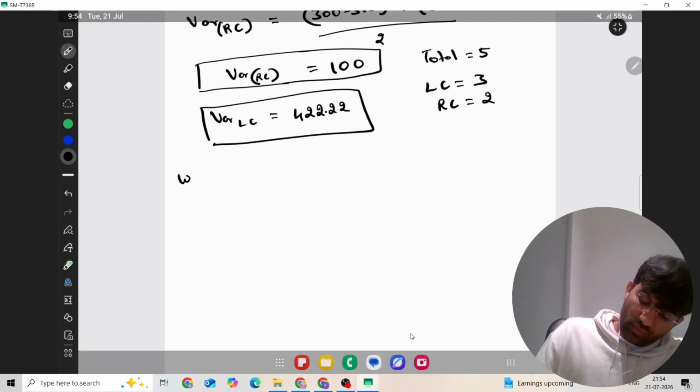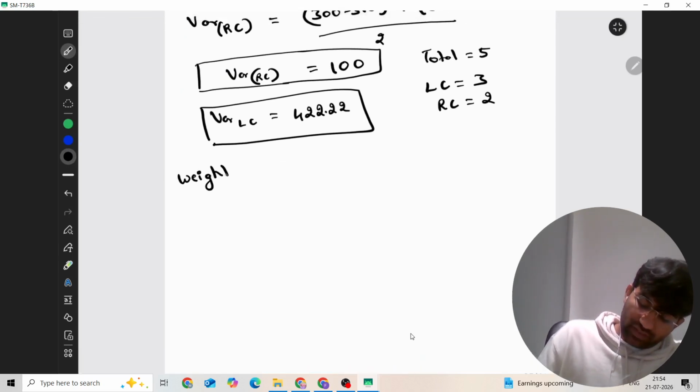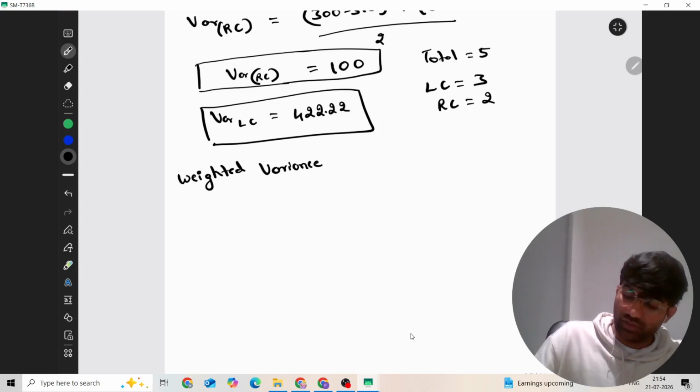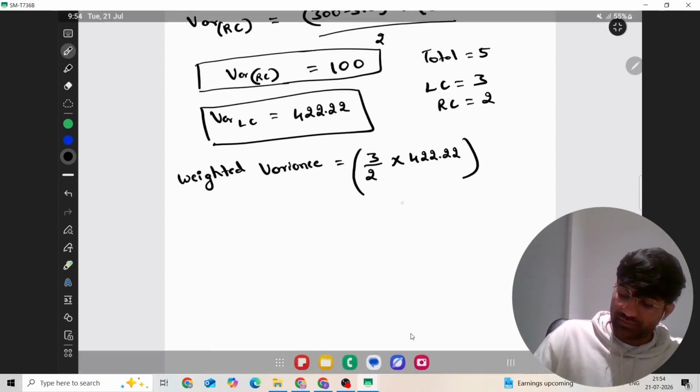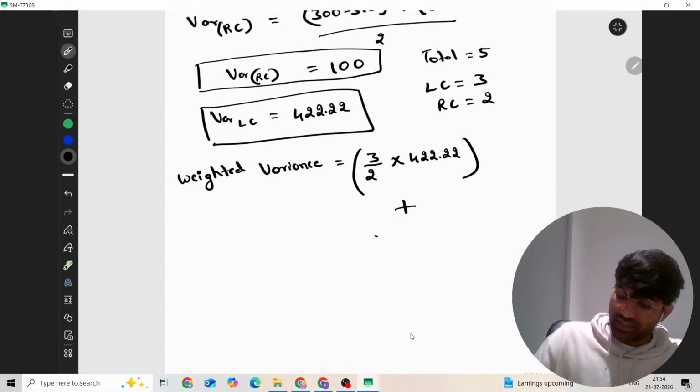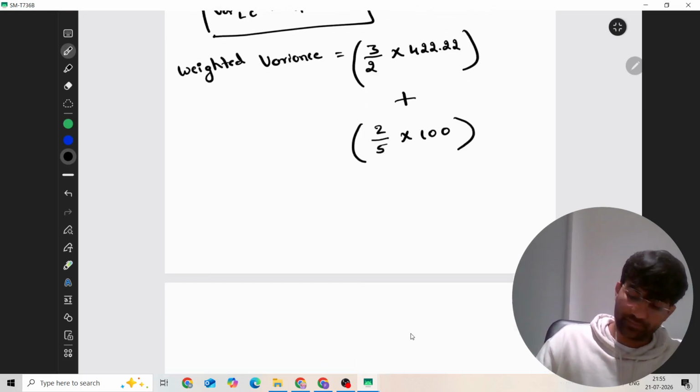Then weighted variance is equal to 3 by 5 into variance of left child, that is 422.22, plus 2 by 5 into variance of right child, which is 100.